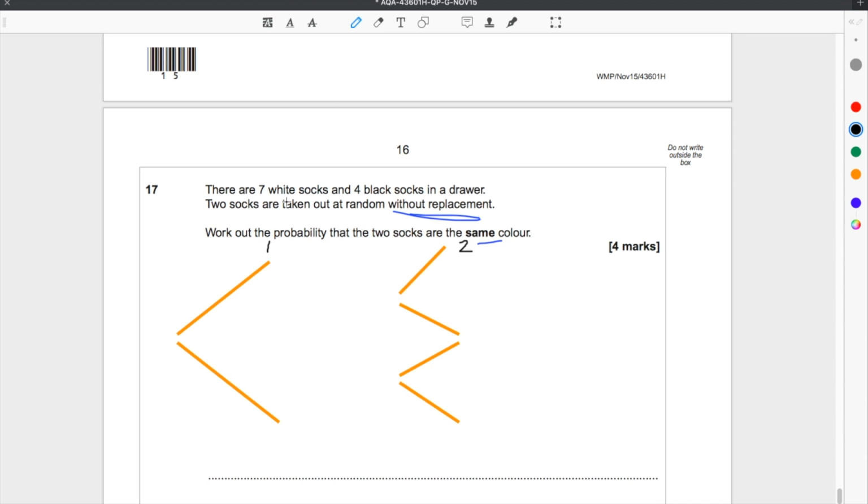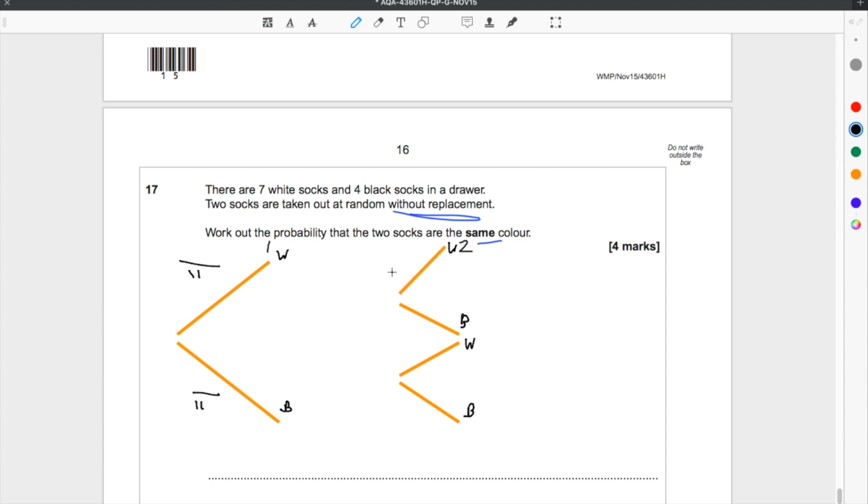There we go. So we have white and black socks, so we'll label that as follows. And in the first go, there's 7 white socks and 4 black socks, so in total there are 11 socks.